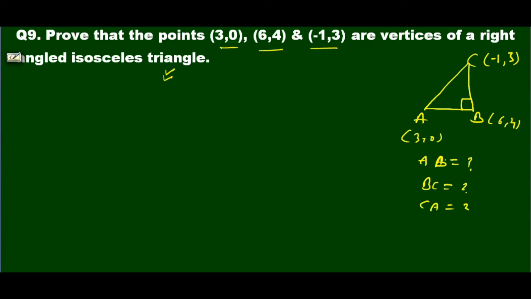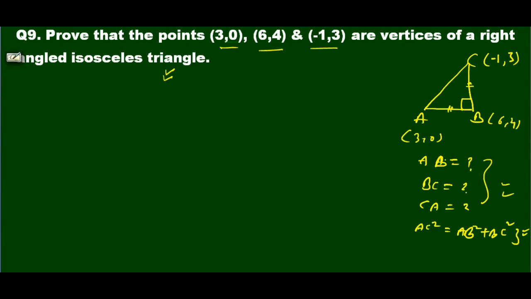Then using the Pythagoras theorem, means AC square equals AB square plus BC square. If these conditions are satisfied, then the vertices are the vertices of an isosceles right angle triangle, and the smaller sides should be equal.